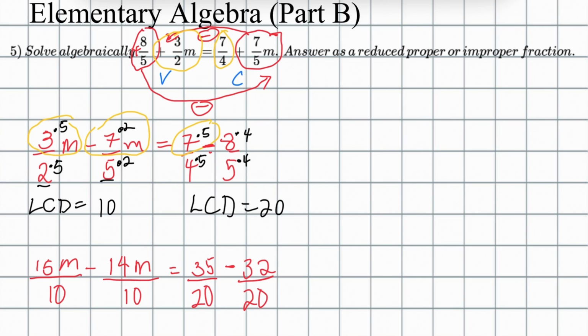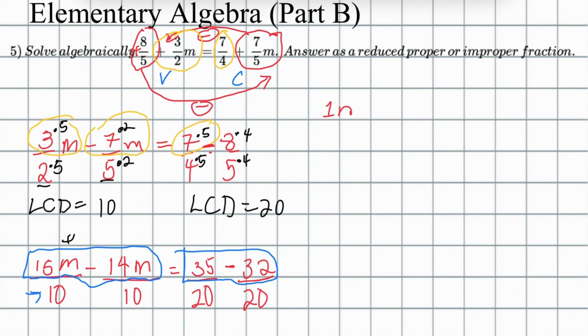So now what we're going to do is combine the numerators by adding or subtracting, right? We keep the lowest common denominator the same on both sides. So when we look here, we say that 15m minus 14m is going to give us 1m.